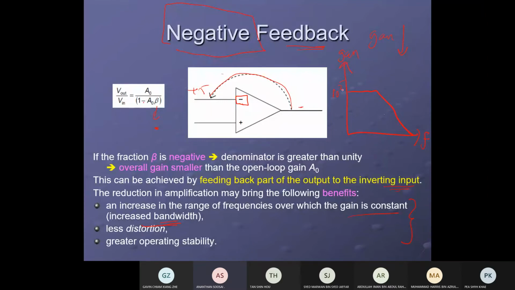Bandwidth is the range of frequency where the gain is constant. For this op amp, it is the flat region, from 0 to F1. This is the bandwidth of the op amp.